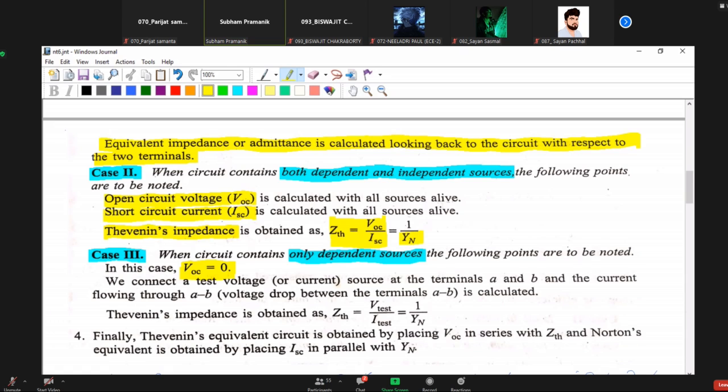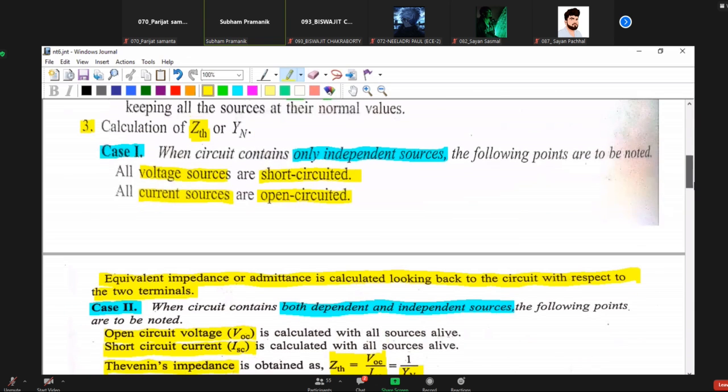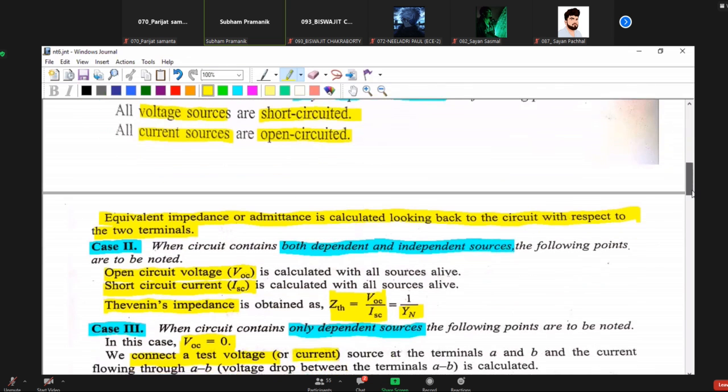So in this case, we connect a test voltage or current. It depends on you; whichever you think is preferable, you can do that. I am talking about step 3, and step 3 is different for three different cases.